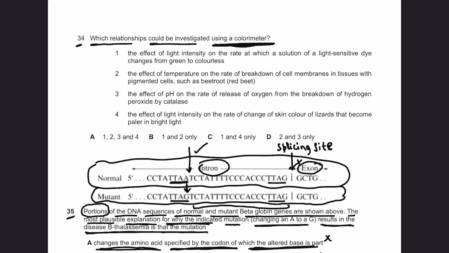Let me repeat it again so that it becomes clear in your mind: a colorimeter is a device which measures the intensity of the color of a solution, by measuring the absorbance of light. Obviously, the darker the color, the more the absorption of light, because as we all know, the darker colors absorb more light than the lighter colors.